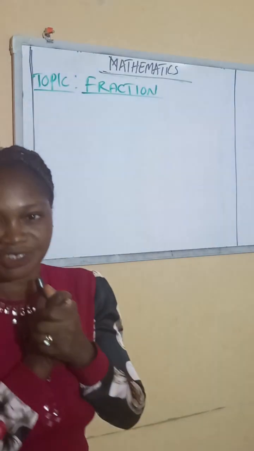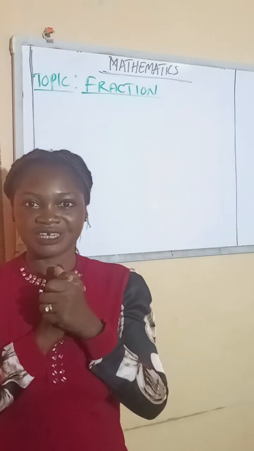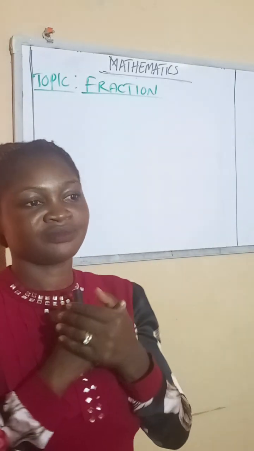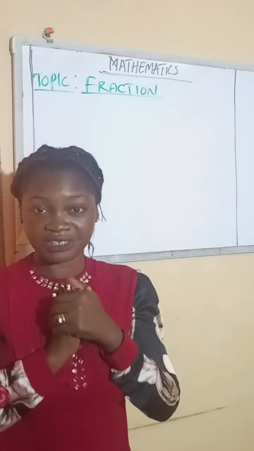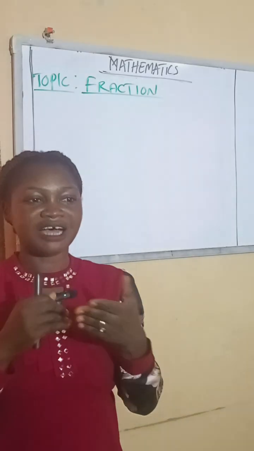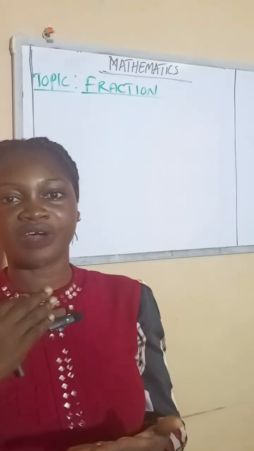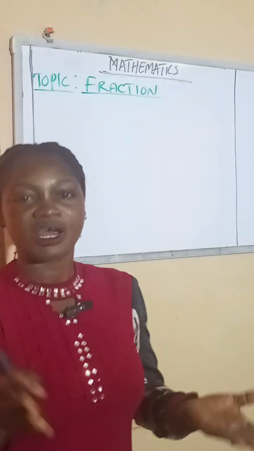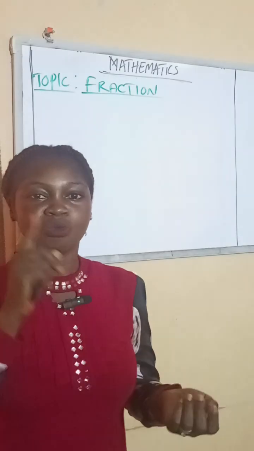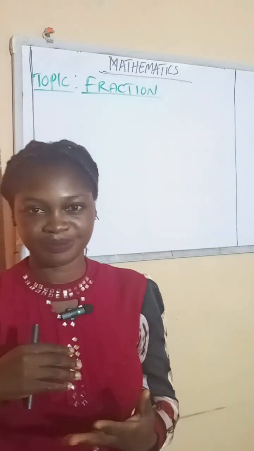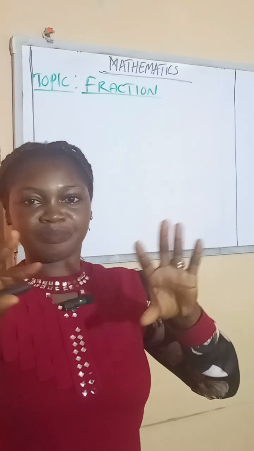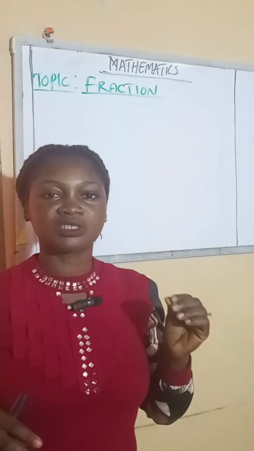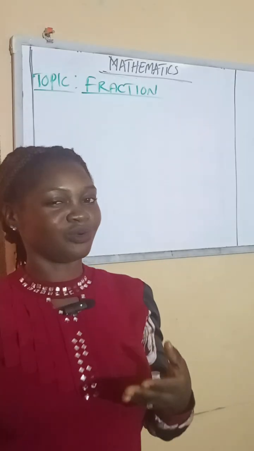Now, fraction. What is a fraction? A fraction is a part of a whole number. Let's assume you're having a cake, just one cake, and you divide this cake into 5 equal parts, and you decide to pick one of the parts. That means it's what? 1/5. The 5 parts into which this cake is divided is the denominator.